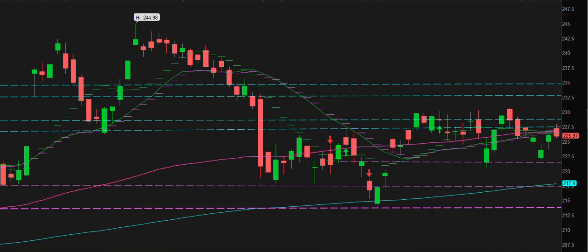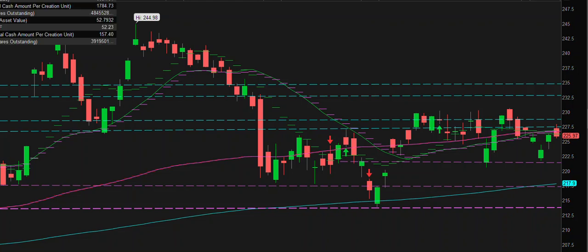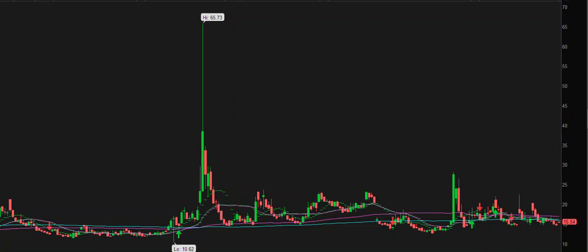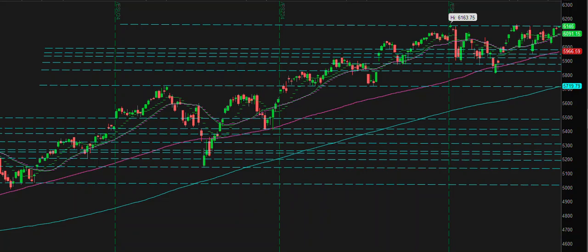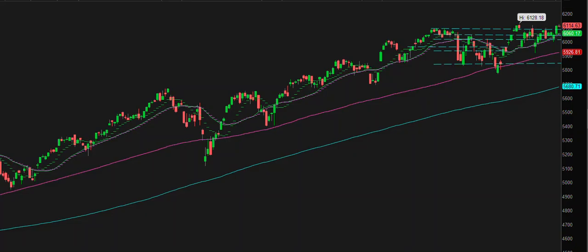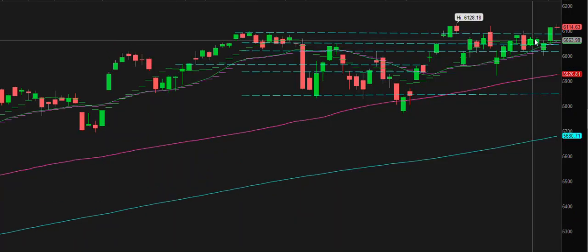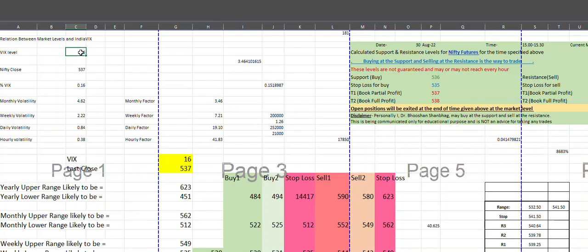So suppose the volatility index VIX is currently at 15.54, and S&P 500 futures or SPX has closed at 6114.63. So typically what we do is we will take the volatility number.